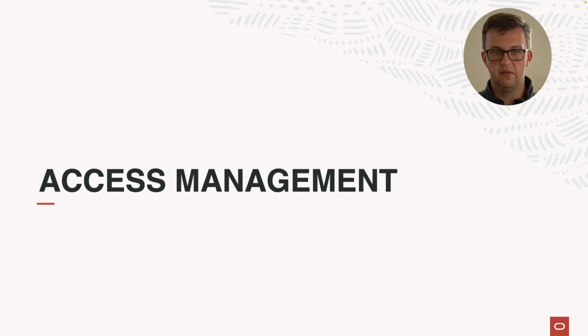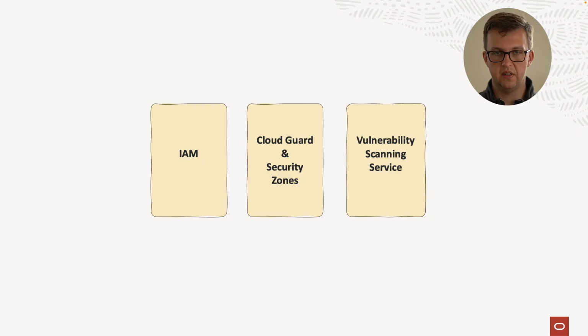Our next principle for sovereign landing zone is access management. Access management plays a crucial role in ensuring segregation of duties and least privilege access control. The access management sovereign landing zone principle leverages three key OCI security services. IAM, short for Identity and Access Management, providing centralized control of authentication and authorization, as well as identity management.